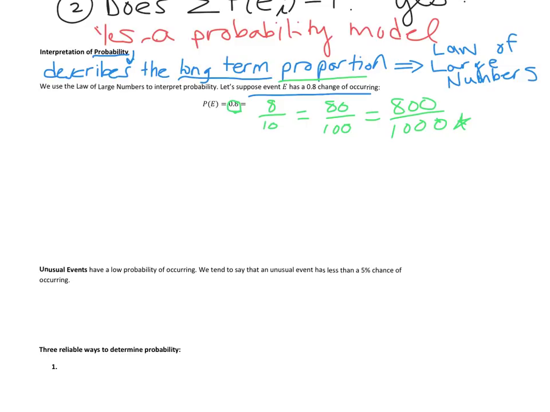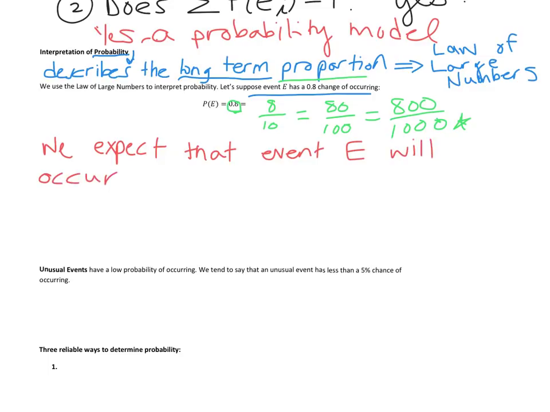The interpretation is we expect that event E will occur about, and that's important because it's real life, 800 out of 1,000 repetitions of the experiment.